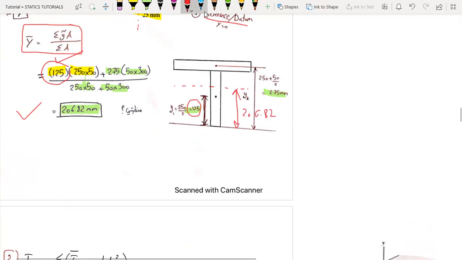So you can say directly that this distance is just 206.82 minus 125, which is the distance between the centroid of the whole system and the centroid of this specific segment.